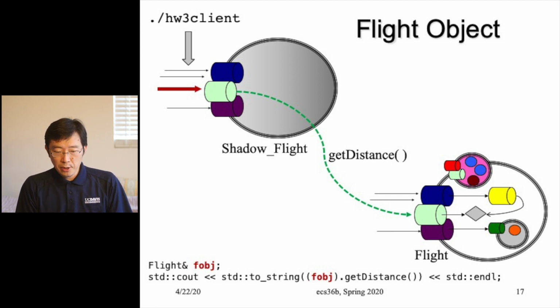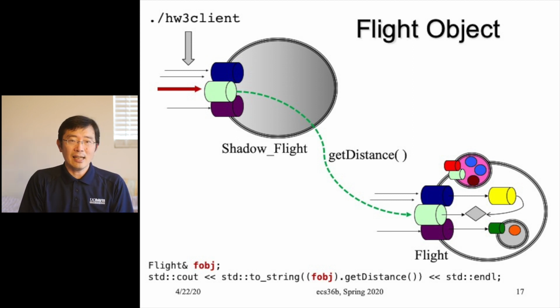When you define an F object, which is a fly reference, and then you call that get distance, this code should run regardless of where you put your real object. This piece of code is mobile. It can be run anywhere, and it will direct you to the right place to get the information as if everything is local. Okay, that's the fly object.